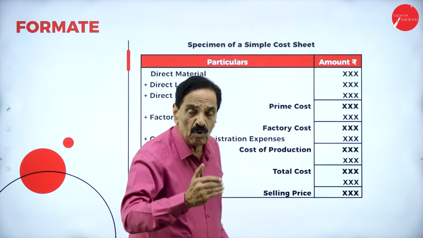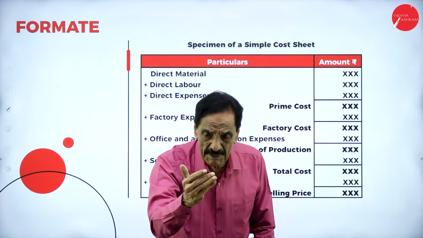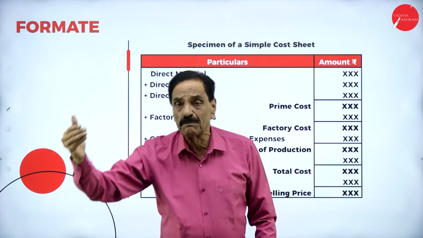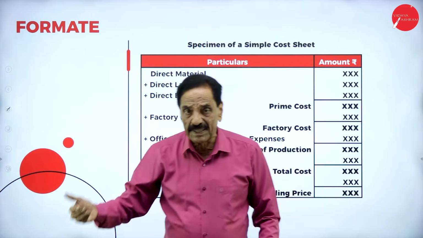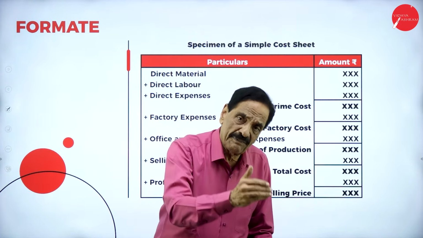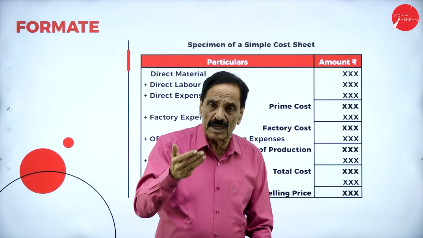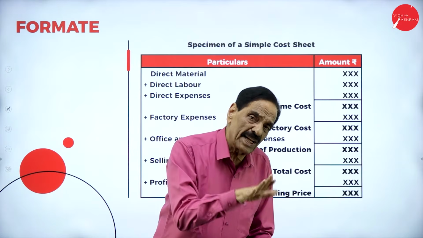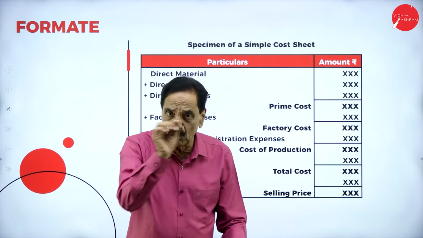How does it go? Direct material, direct labor, direct expense is the prime cost. Add factory expense, it is the factory cost. Add office and administration expense, it is the office cost or cost of production. Add selling expense, it is the total cost, plus profit is equal to selling price. I will repeat once again how the cost specimen goes.